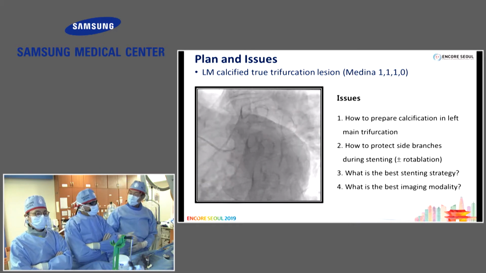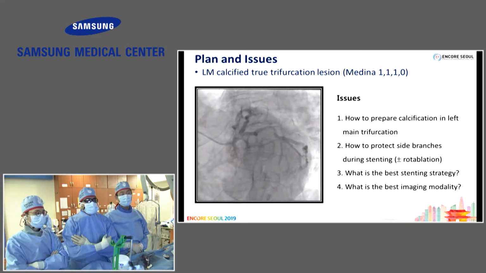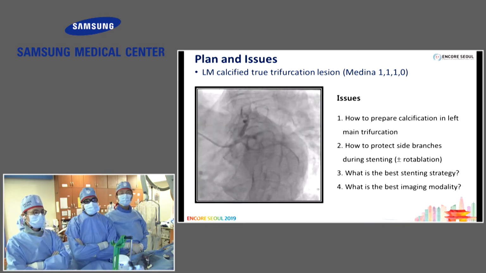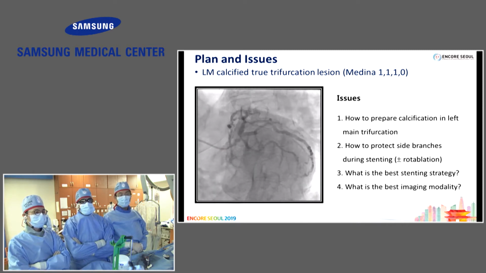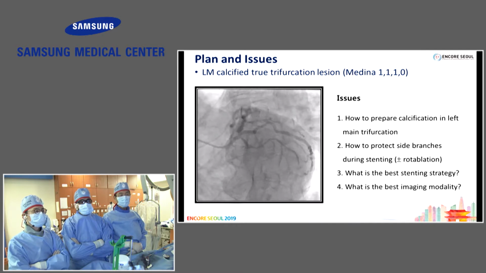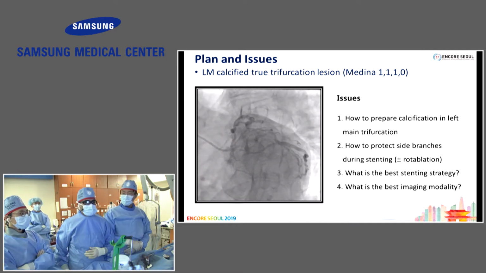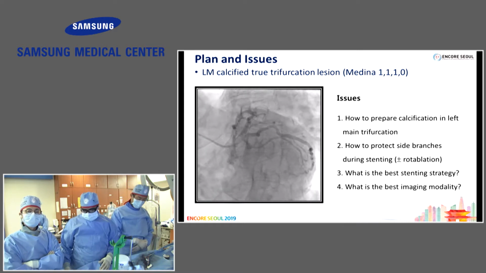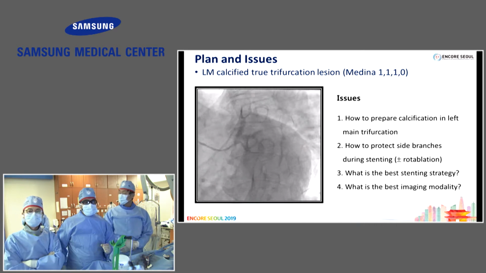Dr. Ali is an expert in OCT, and he recommended OCT to evaluate the thickness and length of calcification and a lot of other information. Can you explain a little about the role of OCT? Of course. Thank you, Professor Gwon. Pleasure to be here in Seoul. There were a number of questions despite this angiogram.